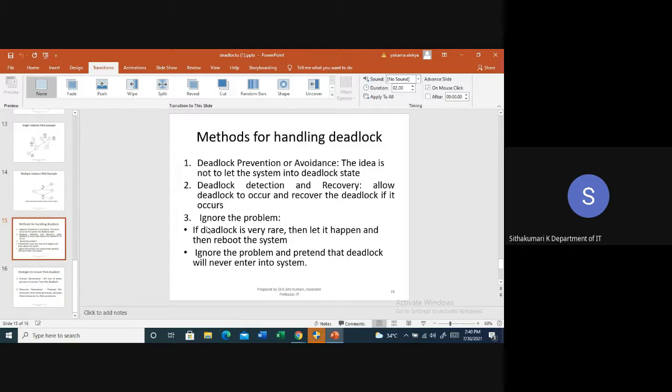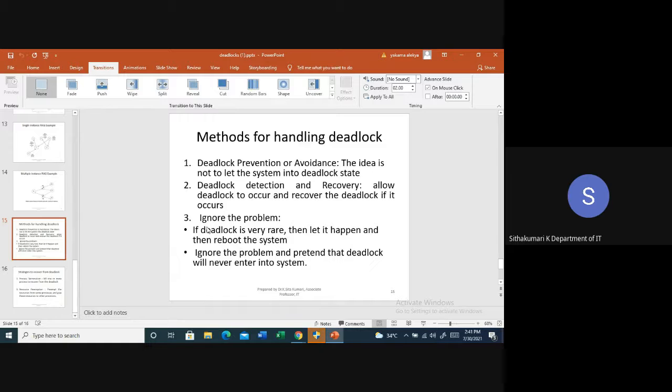In this, we want to take preventive actions so as not to enter the deadlock state. We want to prevent or avoid the deadlock. We want to ensure that deadlock will never enter into the system.